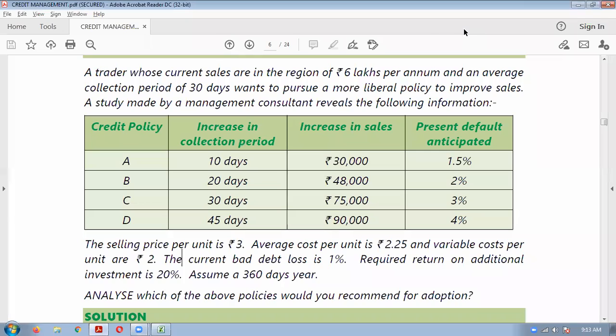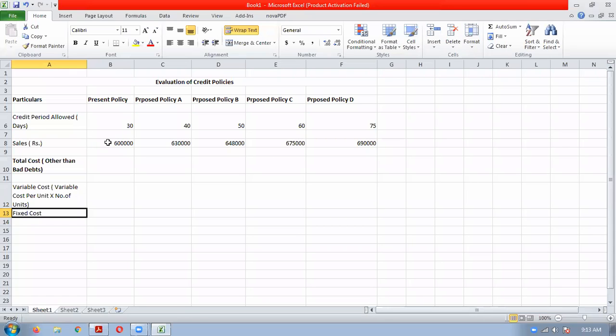See how we will calculate. Total sales is given. So how can we calculate the sales in units? Sales, here instead of rupees, we will write units.